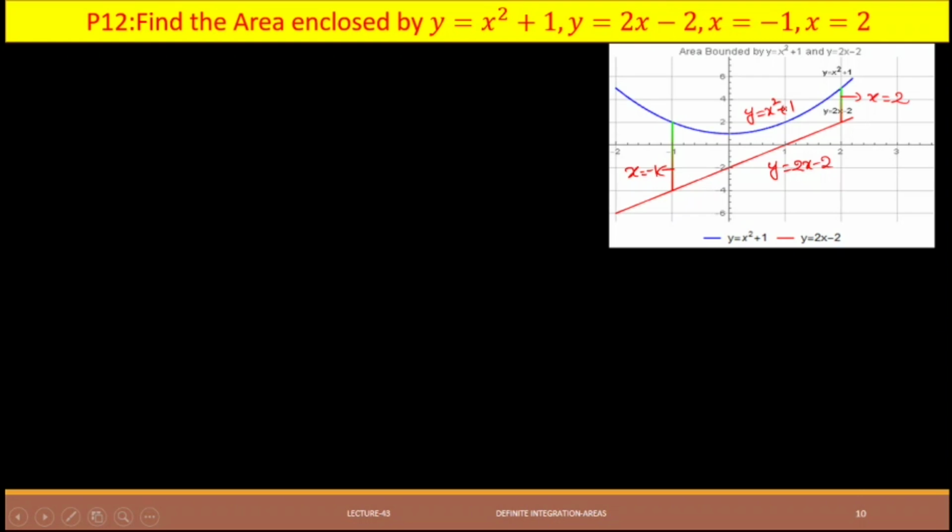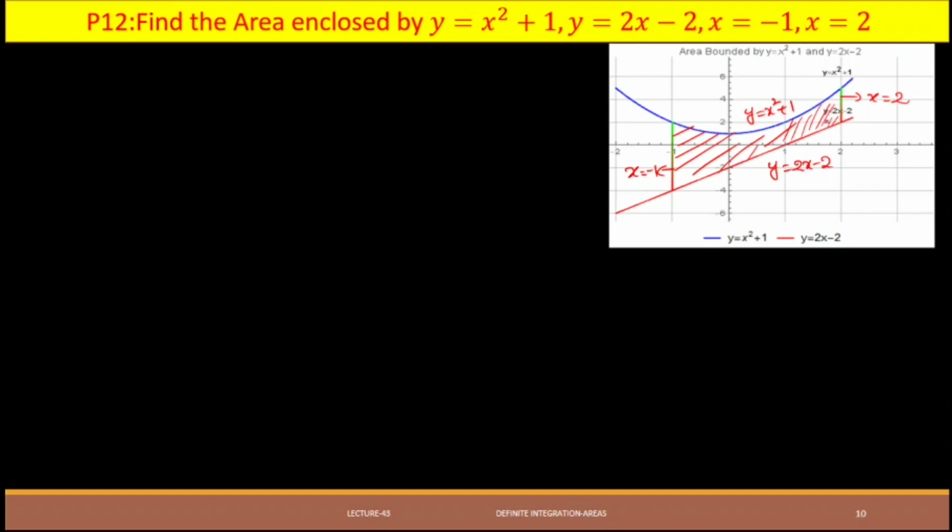Now we have to find the region enclosed by these four curves, and obviously you can see that this is the area enclosed by all the four curves. So I am shading this region which we need to find.